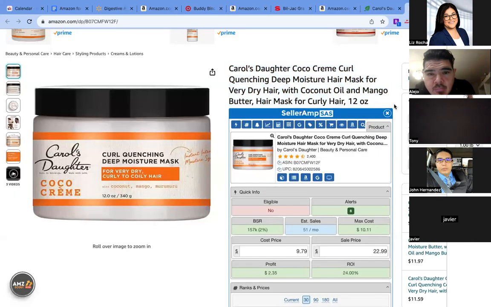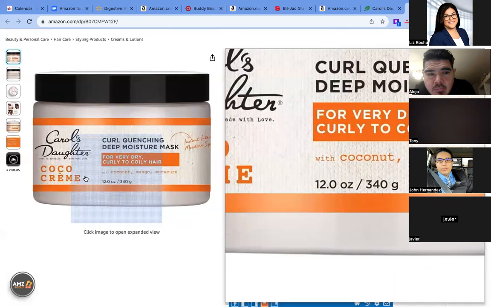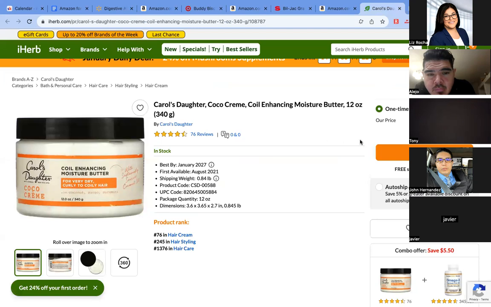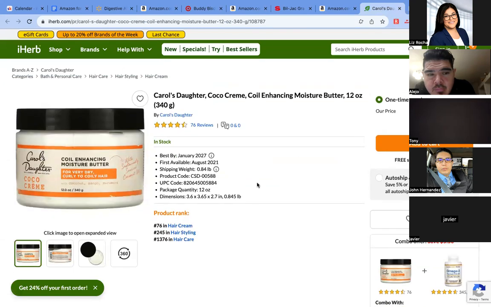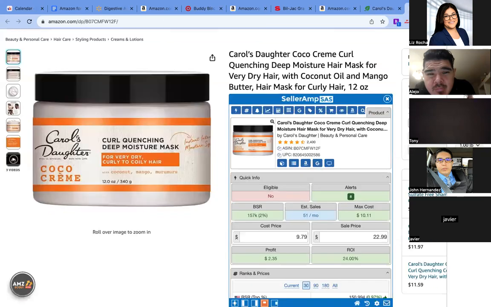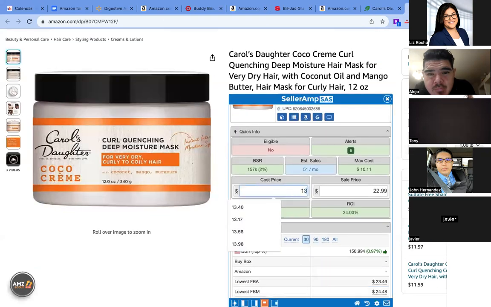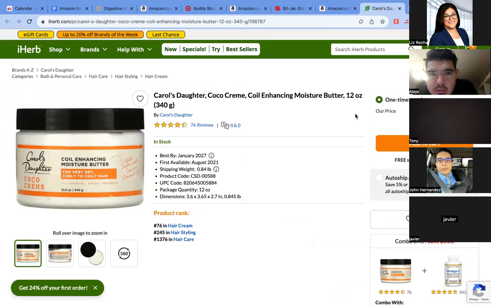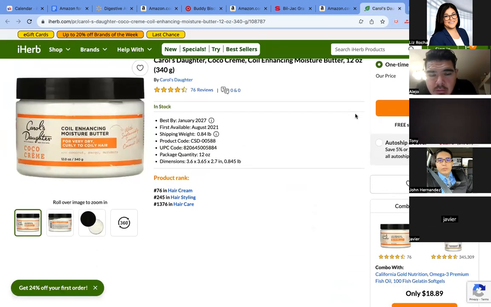If they match, the size, flavor, cream. Yeah, same. And then once you find out if they're the same, you plug in the cost on your Seller Amp. So 1342. I think this one is negative. So 1342. And then I usually look for discount codes.